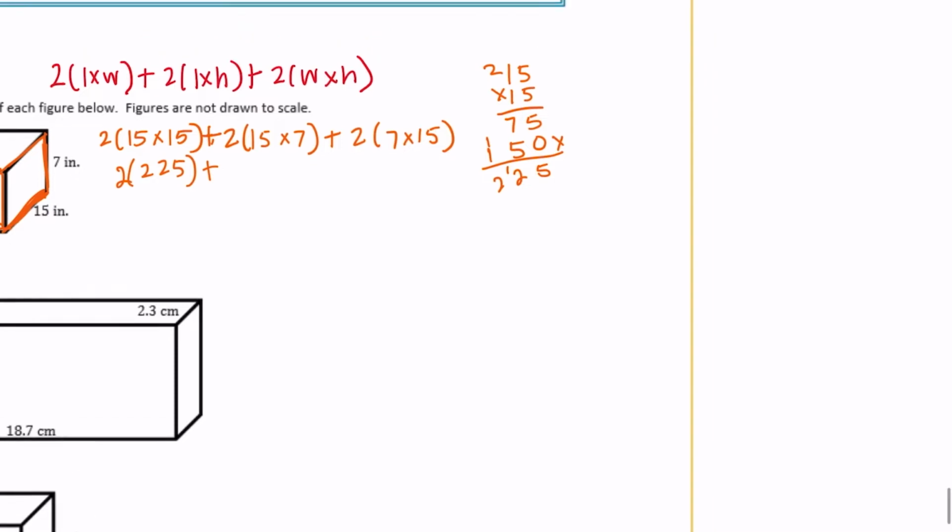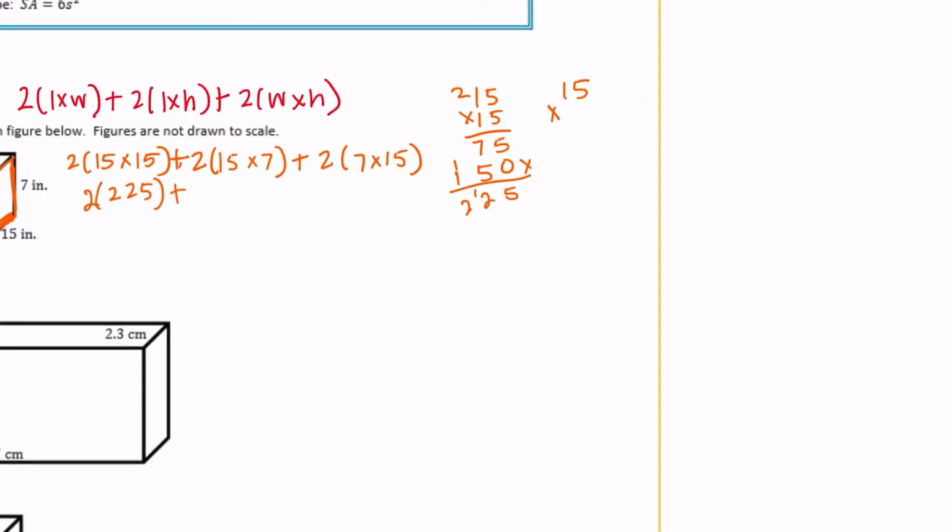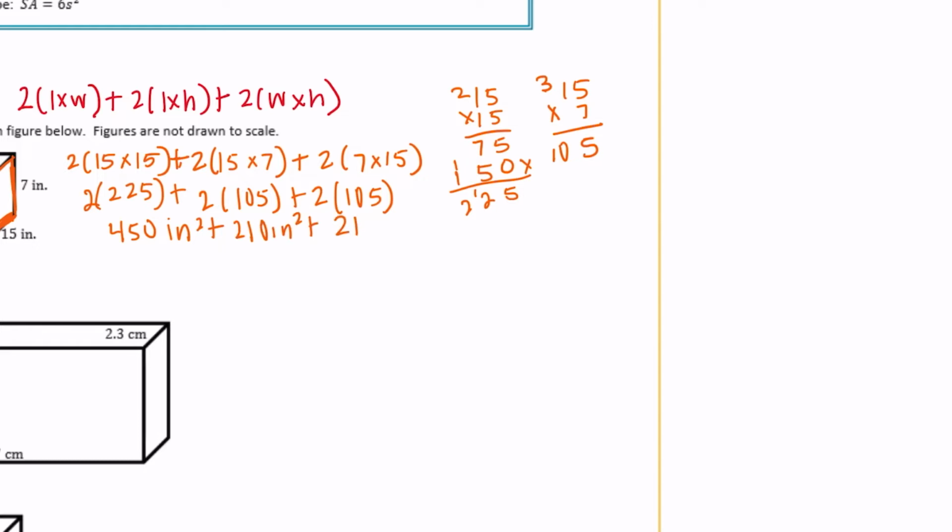All right, two groups of 15 times 7. 5 times 7 is 35, carry the 3, 7 times 1 is 7, plus 3, so that's 105. Then 7 times 15 is 105. So 2 times 225 would be 450 inches squared, plus 2 times 105. 2 times 100 is 200, so 2 times 105 would be 210. And then another 210.